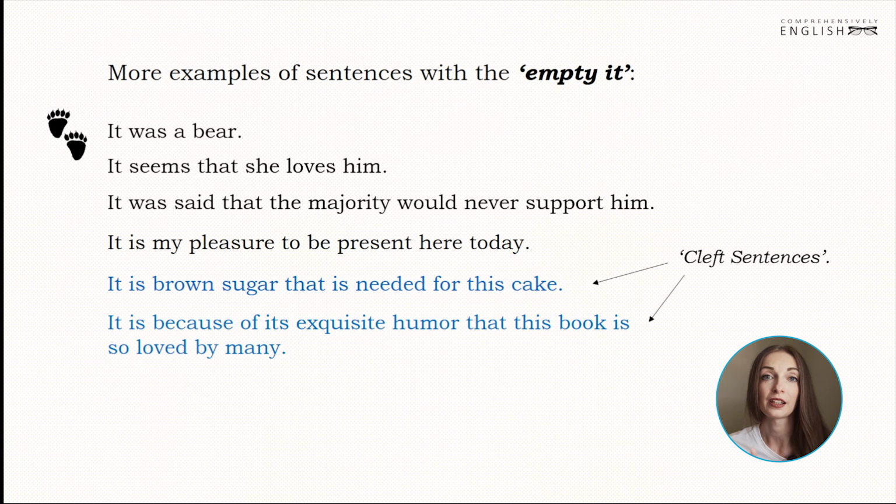We will discuss cleft sentences in a separate lesson for sure, as it's one of the most common emphatic means in the language. Without getting into detailed grammar analysis of the sentences, let's stress the main point here. It, in all of these sentences, is a dummy subject, empty in its meaning. It is there only to satisfy the SVO.